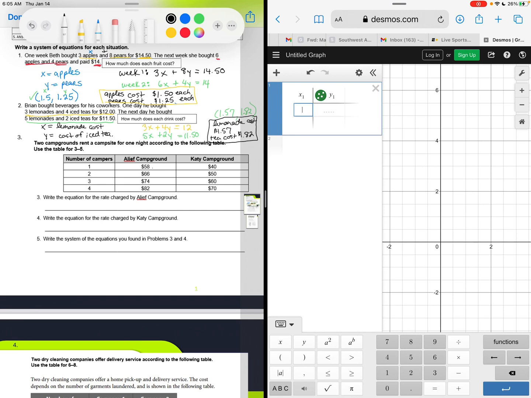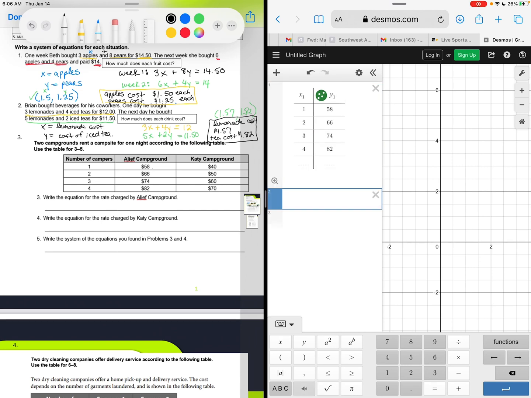In X1, we're going to put in our number of campers, which is 1, 2, 3, 4. And then in Y1, we're going to put the cost for each type of camper in Alief. So that's going to be 58, 66, 74, 82. All right, and that's going to be that. Didn't mean to put 5 there.